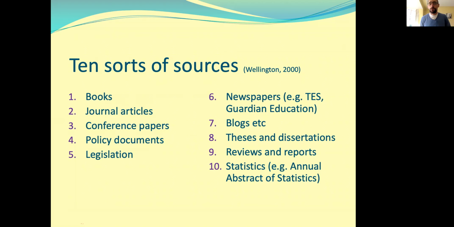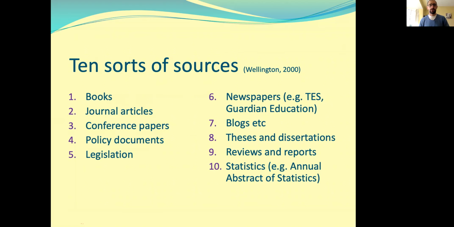You've got reviews and reports, right? Again, from governments, businesses, charities, pressure groups, and so on. So they're another potential form of literature, as are published statistics, whether these come from governments or other sources.